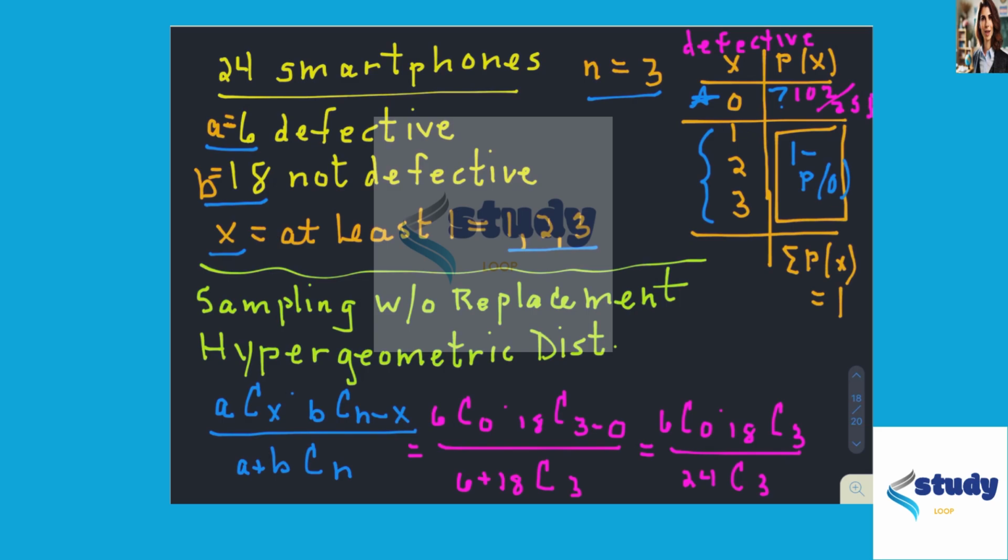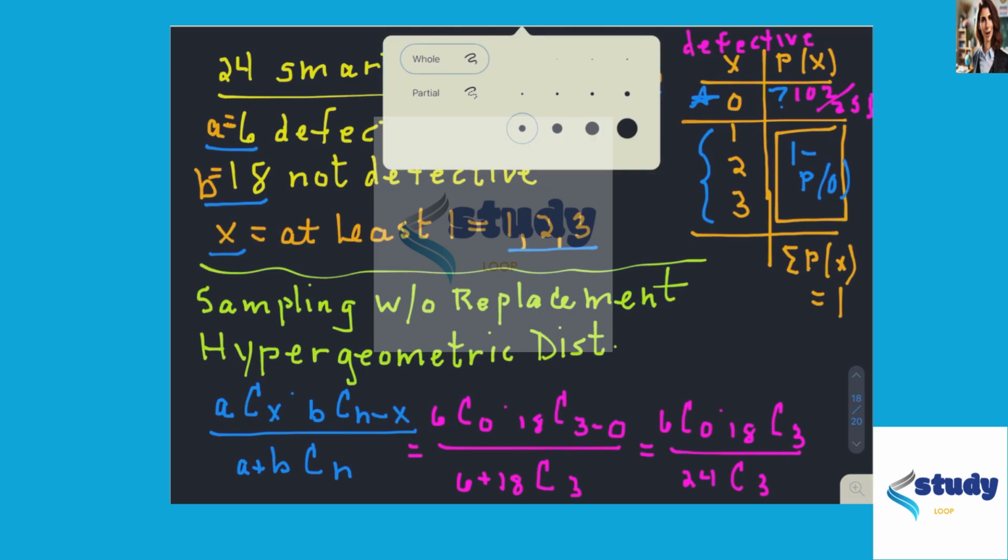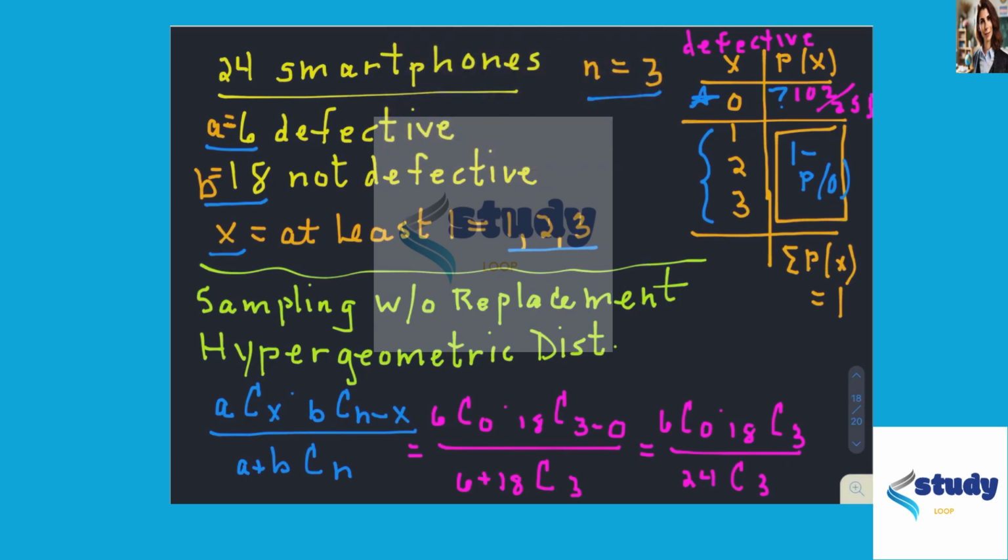So 102 divided by 253. So now all we have left is to do the 1 minus, and we will find the probability of at least 1.